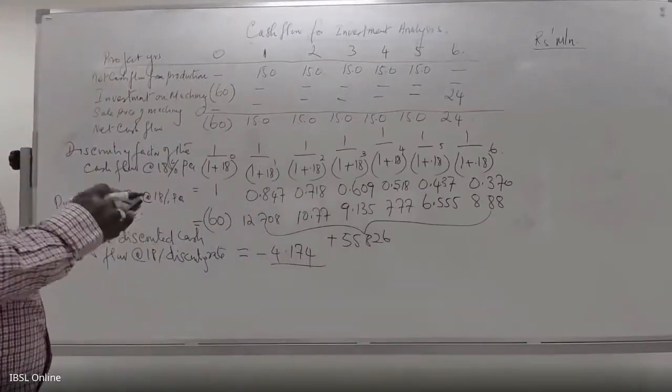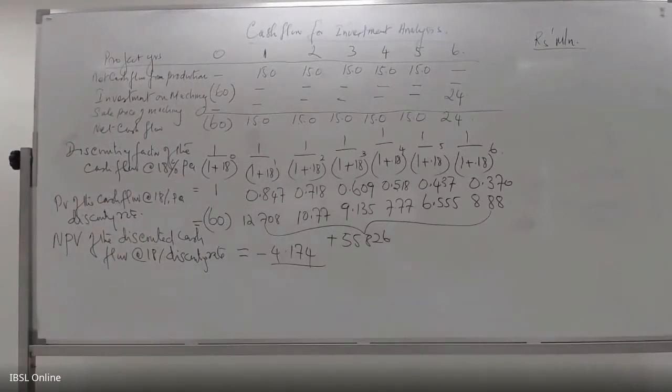Minus 4.174. So we call it net present value.